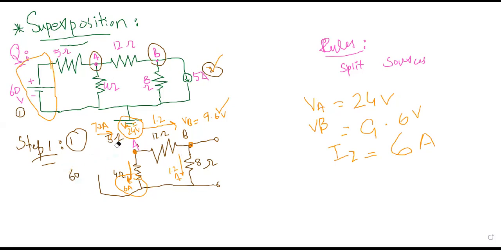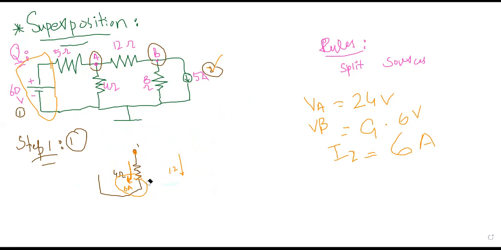So this is my step number 2. There is my current source of 5 ampere. Here is my node, here is my resistance.